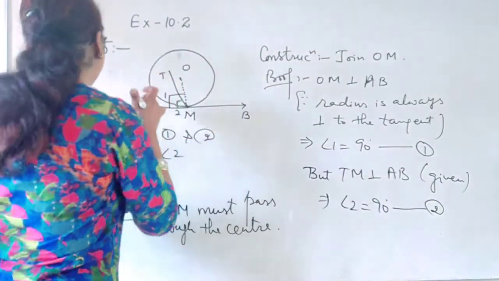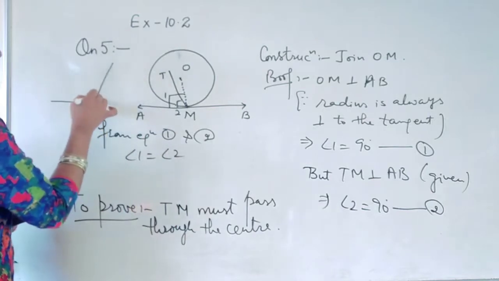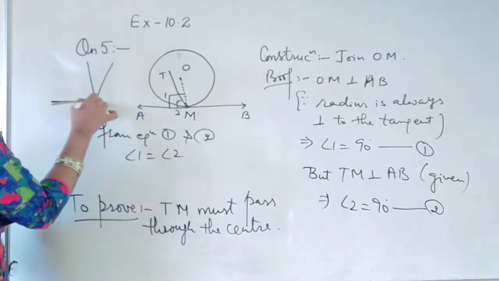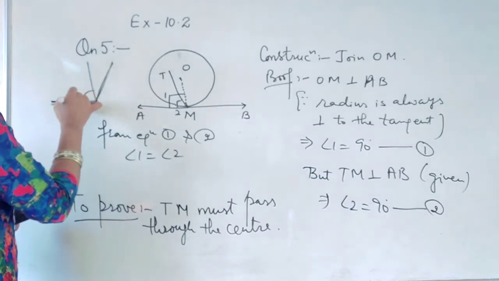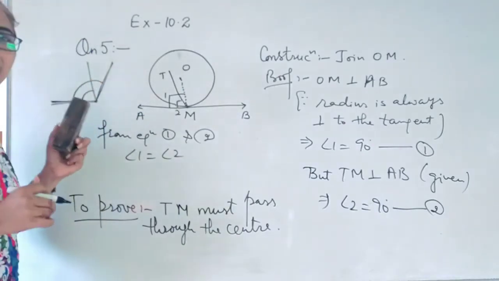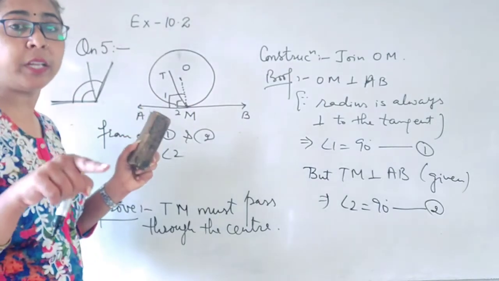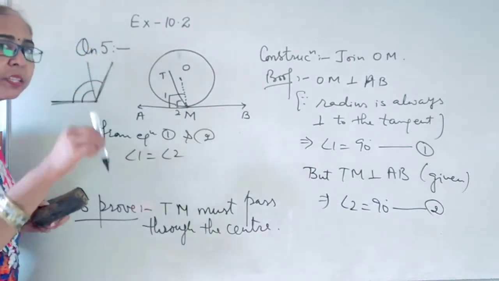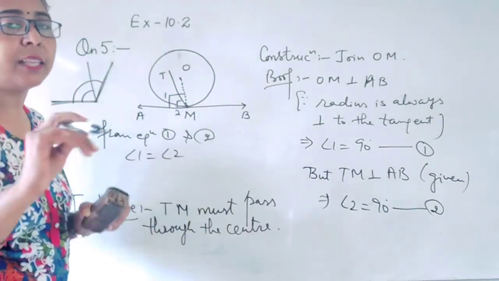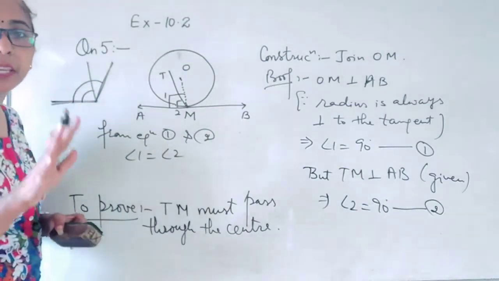But is it possible that we can draw two angles on the same line and they are equal? Yes, they can be equal, only if these two lines are coincident, otherwise they can never be equal.